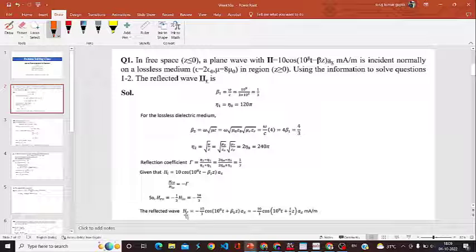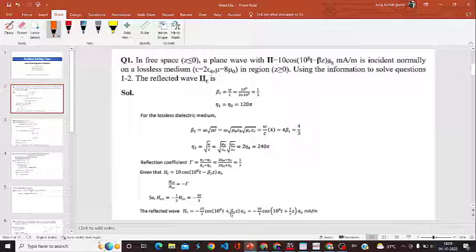So the reflected wave is defined as H r is equal to minus 10 by 3 cos of omega t plus beta z. Here you also have to see that if the wave is incident in the positive z direction, the reflected wave will occur in the negative z direction, so that's why the positive sign comes into the picture.